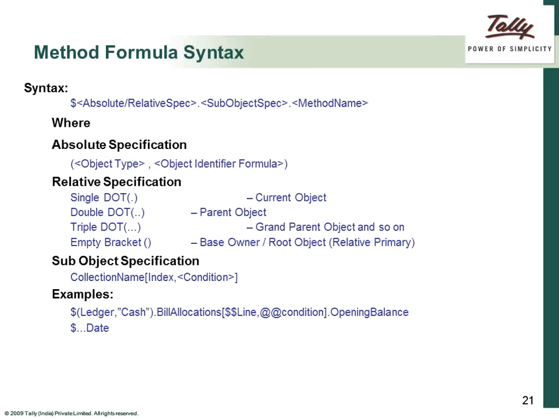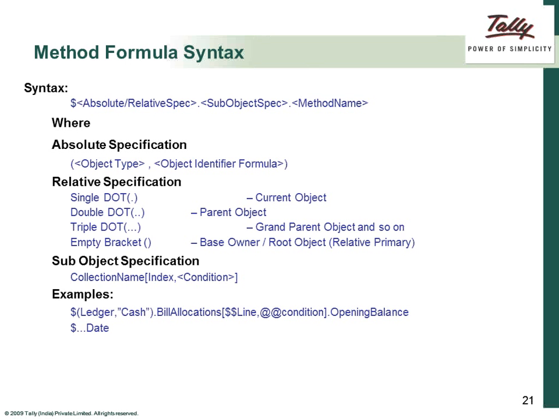When I talk about an absolute path, it means you are trying to refer to a different object. So if my current entire report is in an object context of stock item, and you want to fetch a value from ledger, you can say dollar, open round bracket, object type ledger, comma, the object identifier formula.